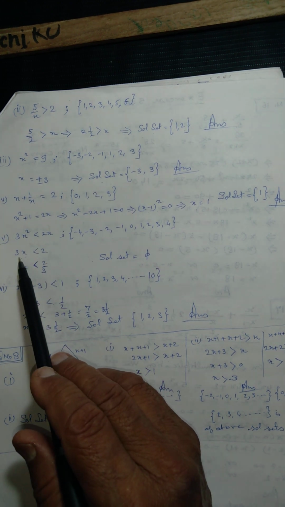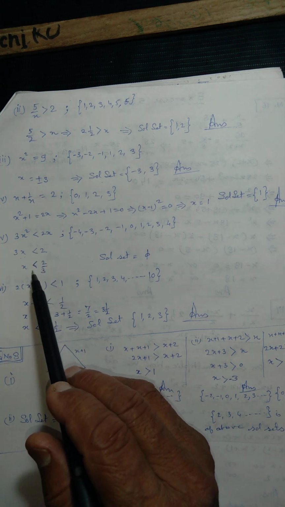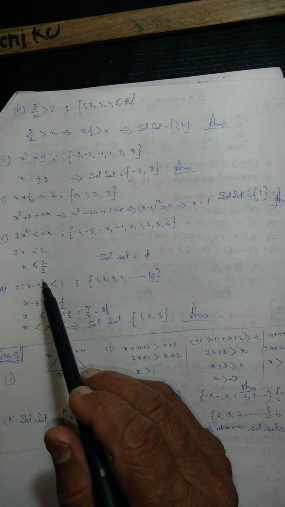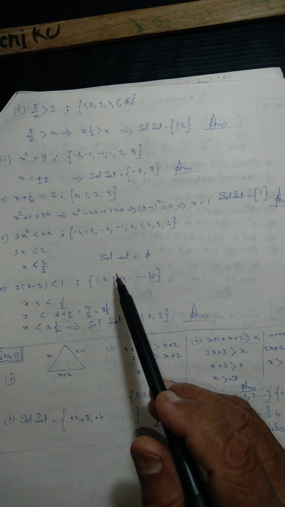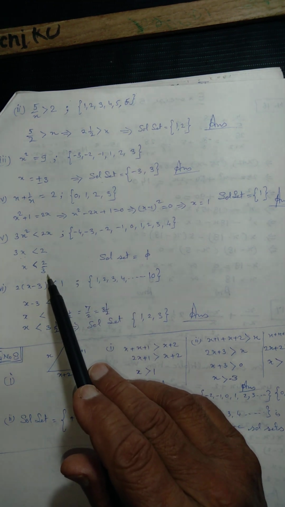So we'll get ultimately 3x is less than 2. So again the x is less than 2 by 3. So we'll have to see that the value of x should be always less than 2 by 3.